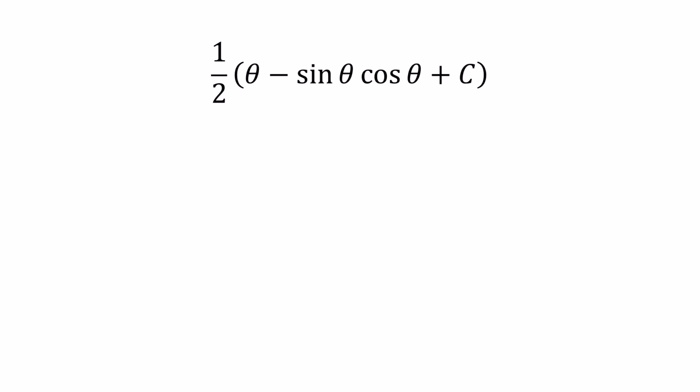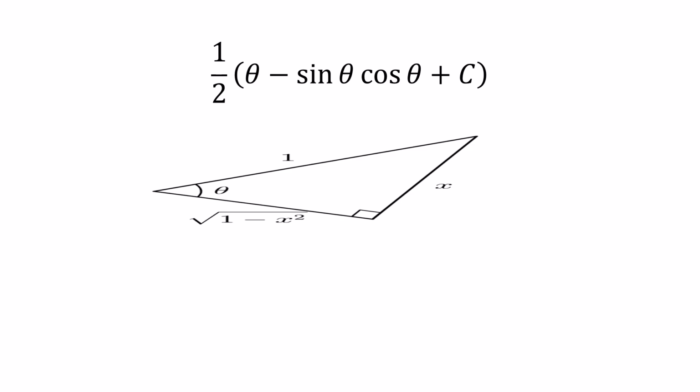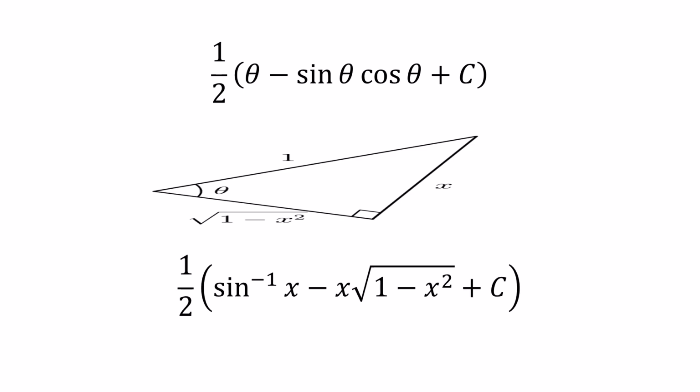The triangle for our substitution is, in terms of x, our solution is 1/2 times sine inverse of x minus x times the square root of 1 minus x squared plus c.